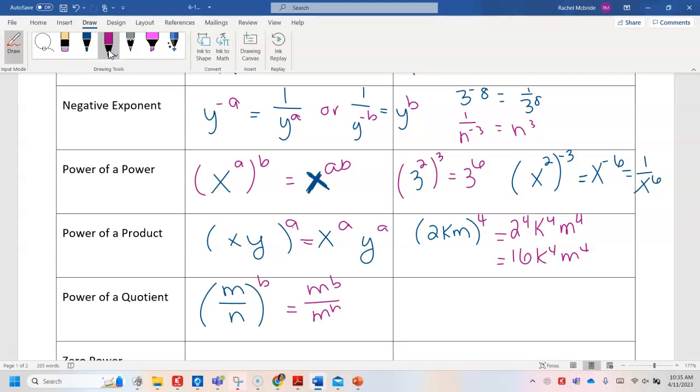If we have, let's say, x over y raised to the negative b.